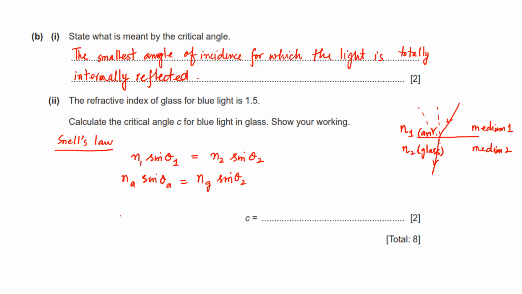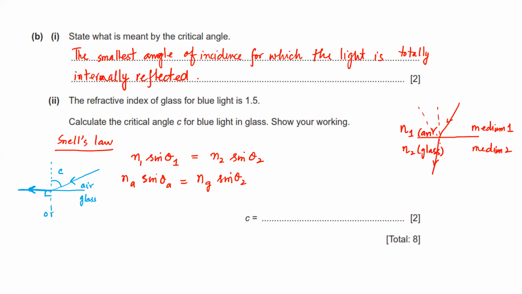So the critical angle is the minimum angle. Let me draw it here so that we'll be able to understand in a much better manner. Say this is my normal. So minimum angle of incidence for which the light is totally internally reflected, or the angle of refraction is this.